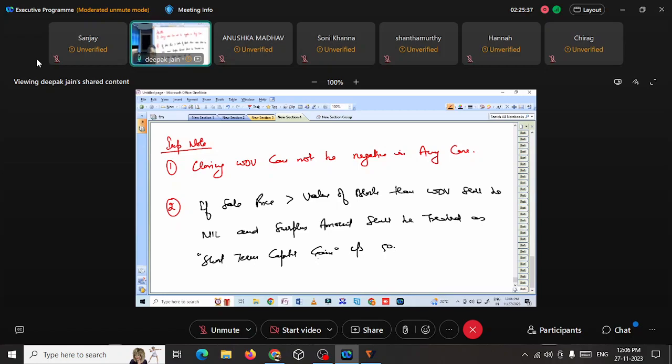So suppose you have an opening WDV of rupees 100, and purchases during the year of rupees 20. So your value of block is 120. If part of the asset is sold out for rupees 150, then closing WDV shall be nil and the surplus amount, rupees 30 in my example, shall be treated as short-term capital gain under section 50.